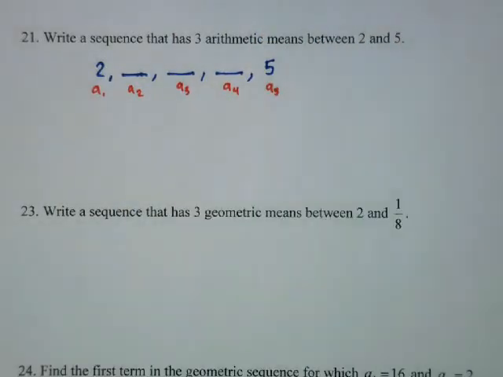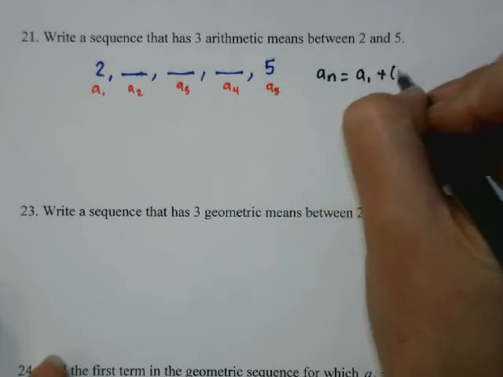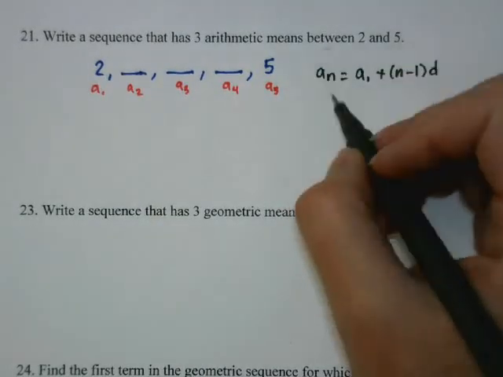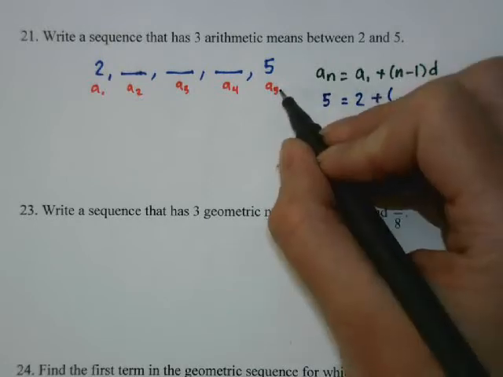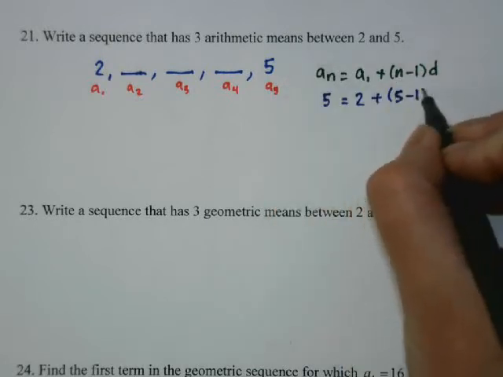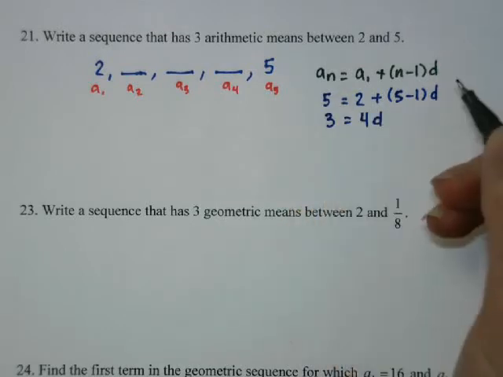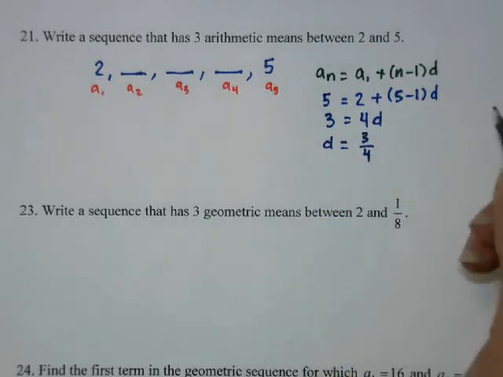So I'm going to use the nth term formula to find what the common difference would be to generate this sequence. So 5 is going to equal 2 plus, since that's a5, 5 minus 1 times d. So 3 equals 4d. So my difference is 3/4. So we're going to add 3/4 to form this series.